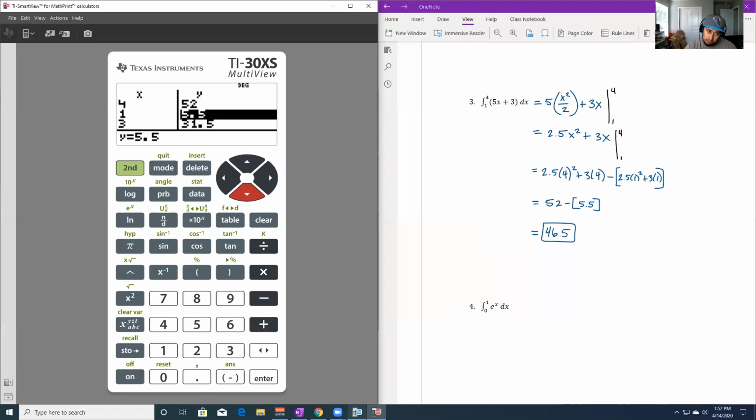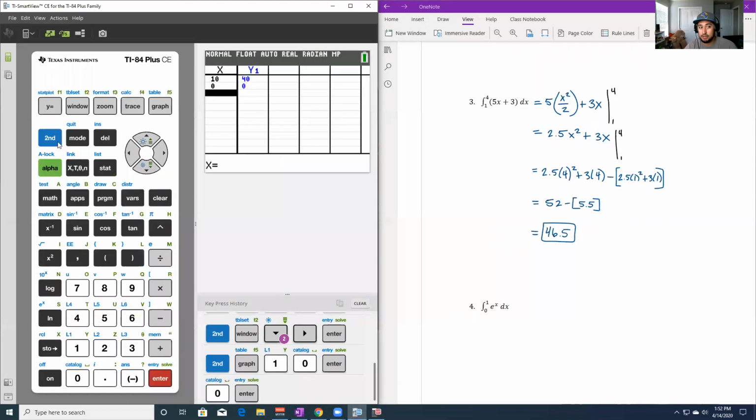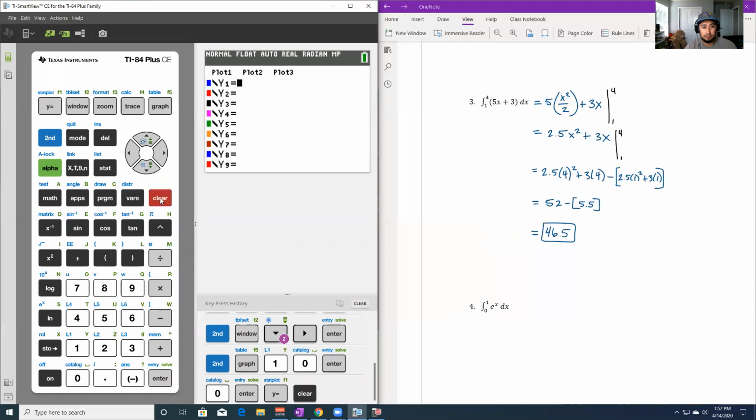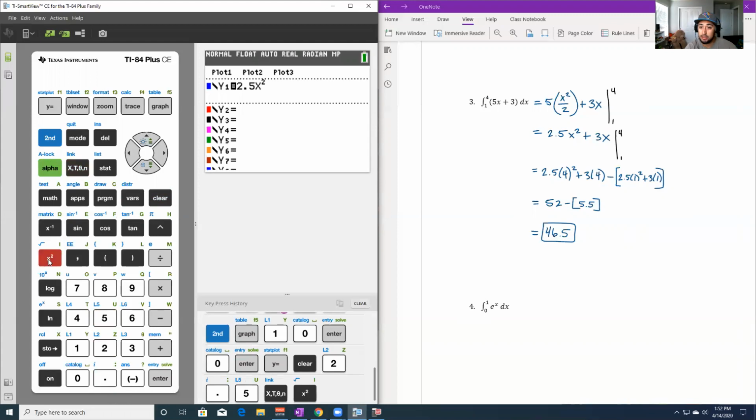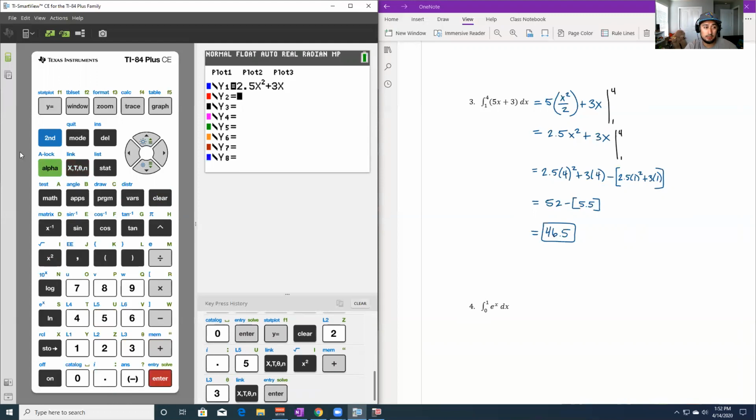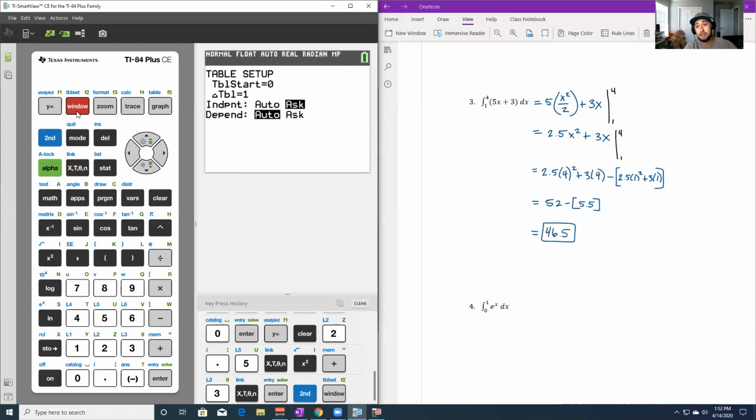And again, before I move on, I'll show the graphing calculator. Y equals, again, let's say your graphing calculator doesn't have the integral and you need to use the XY charts. So I'm going to do the same thing. 2.5 x squared plus 3x. Enter. Second window. Your settings should be the same. Once you change them, they're set for life.